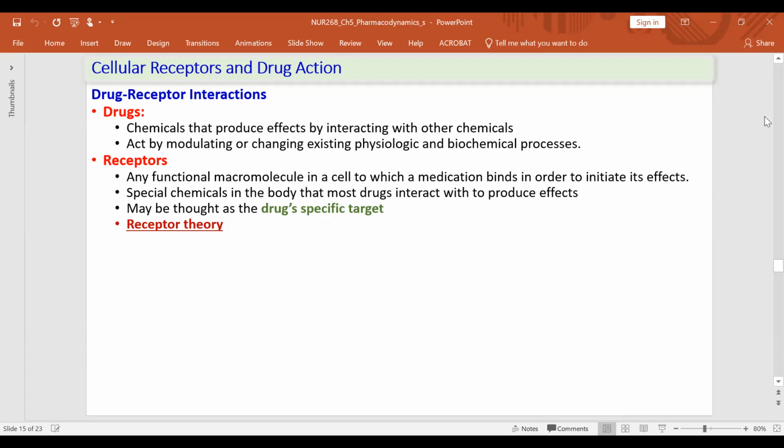In other words, the potency quality of the drug is not as important as the efficacy, and both are completely independent. So when we say efficacy and potency, they are completely independent qualities of the drug.